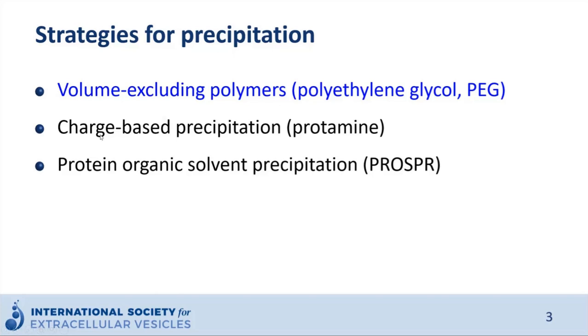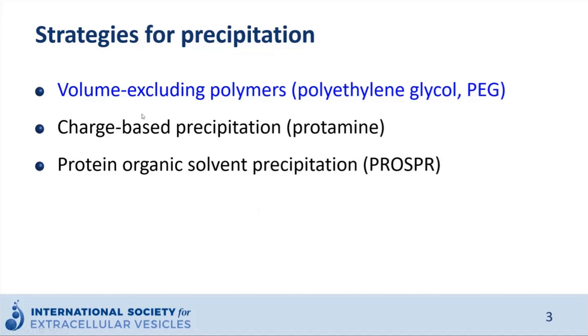Second, positively charged reagents could neutralize the negatively charged EVs to allow precipitation. Protamine is one example. Third, organic solvents such as TCA and acetone can precipitate proteins and leave EVs in solution. This technology is also called PROSPR.